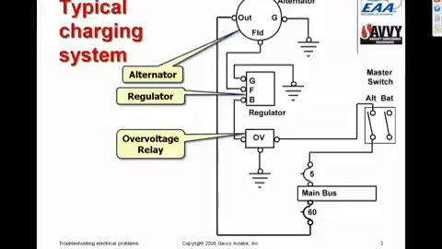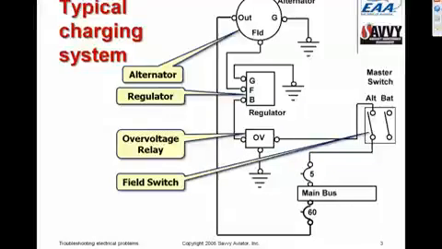Some kind of overvoltage protection device, in this case an overvoltage relay, which takes the alternator field away in case something goes wrong with the regulator and causes the alternator output to rise to a level that might tend to fry avionics and so on. This is a protective device to make sure that a regulator failure won't take out a lot of expensive stuff.